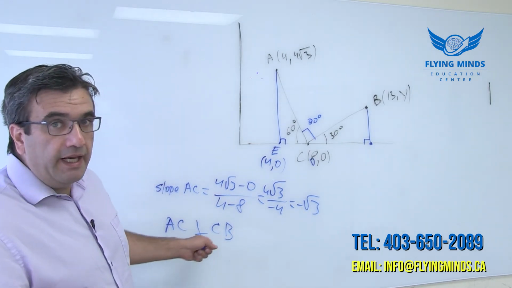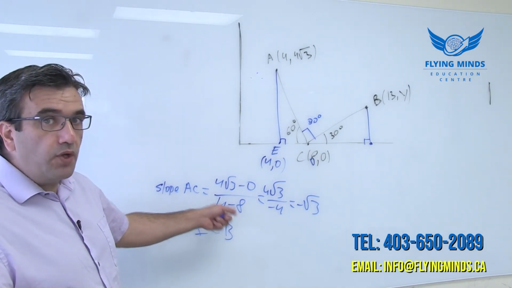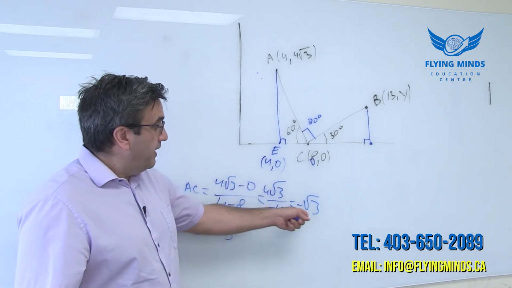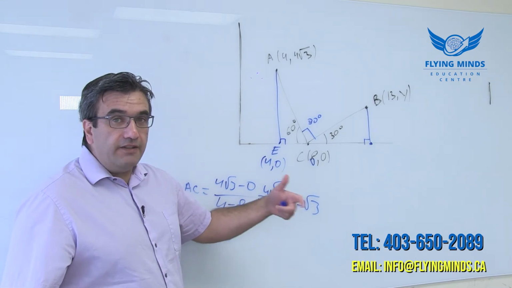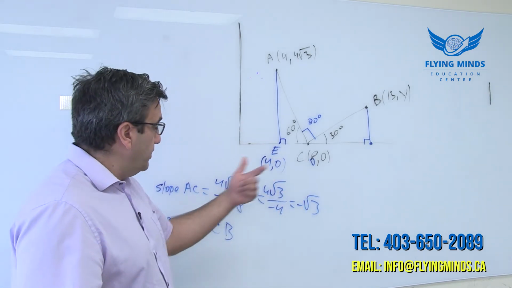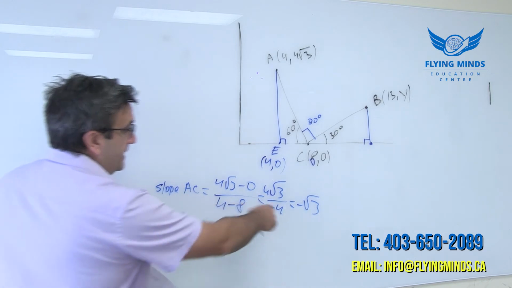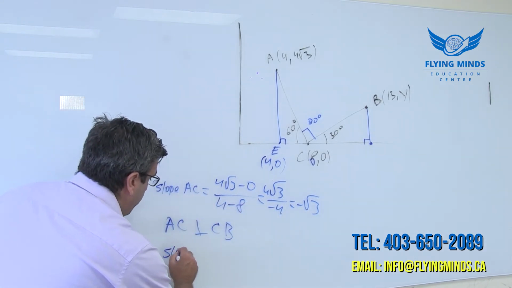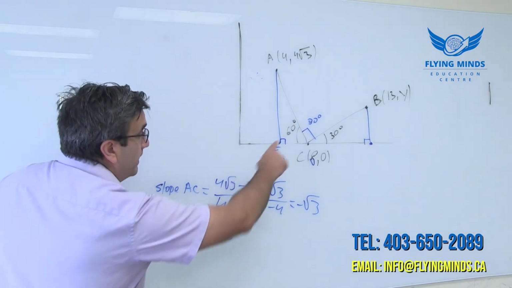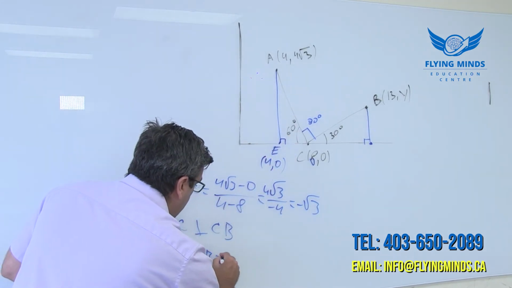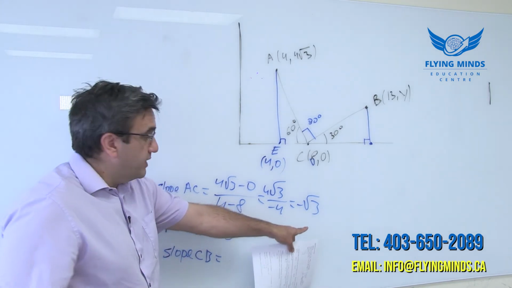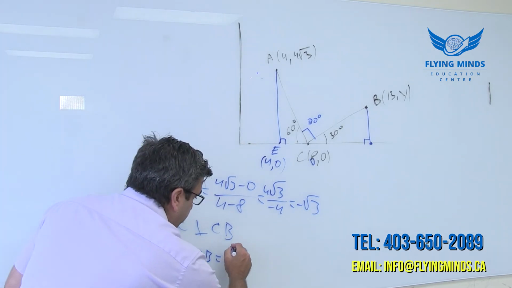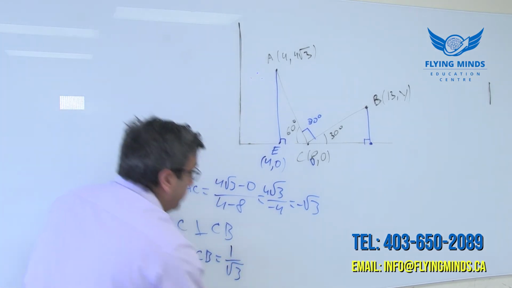And how are slopes of perpendicular lines related? They have negative reciprocal slopes. So if the slope of AC equals negative square root of 3, it follows that the slope of CB will be the negative reciprocal of square root of 3, which is positive 1 over square root of 3.